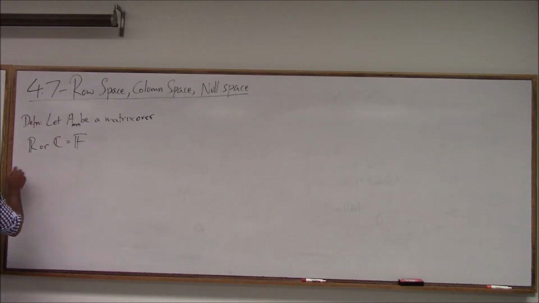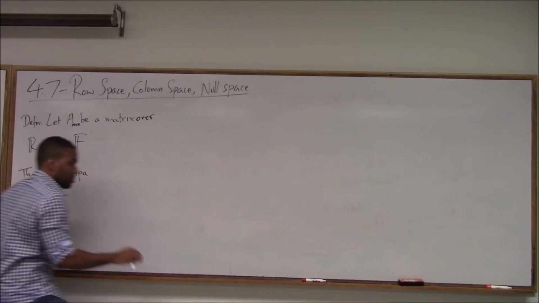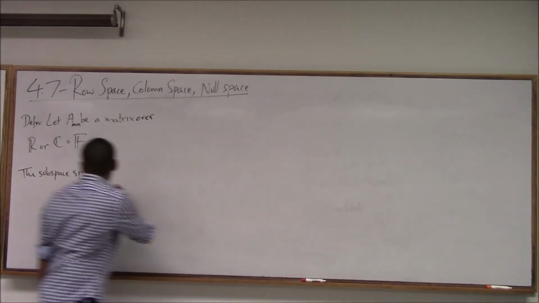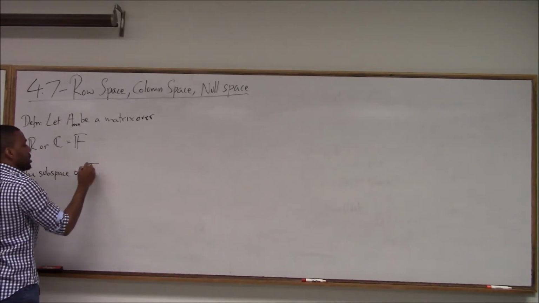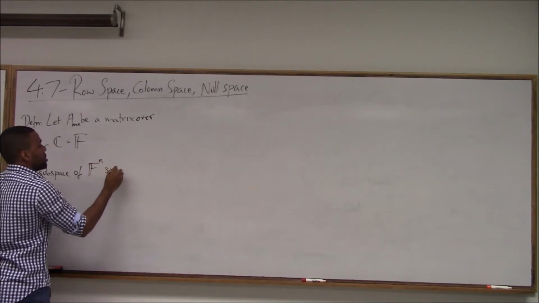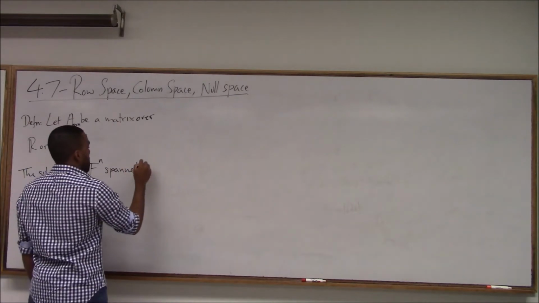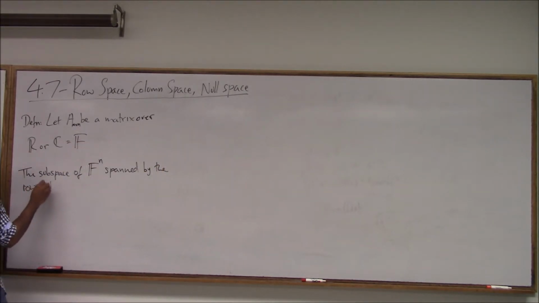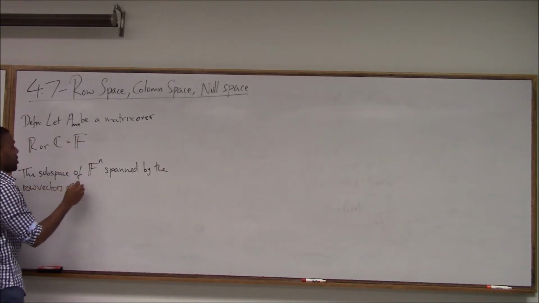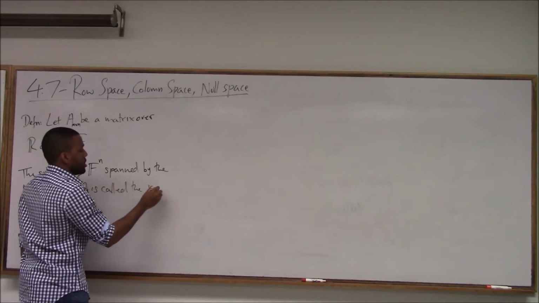Okay, so the subspace of F^n spanned by the row vectors of A is called the row space.